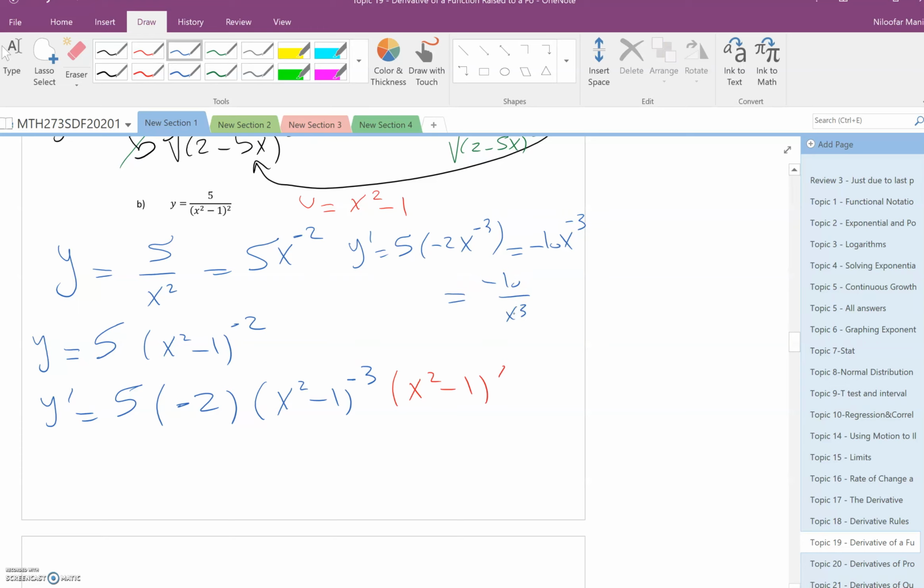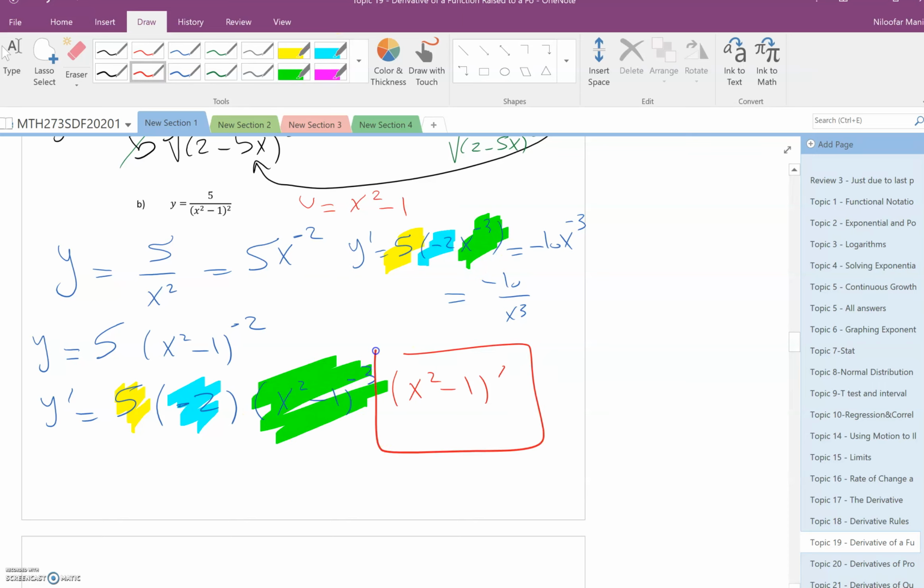Okay, so now I can see here. I have 5. I have minus 2. I have x power 3, which here is something else power 3. And this is extra here. Which is u prime. So now find it.